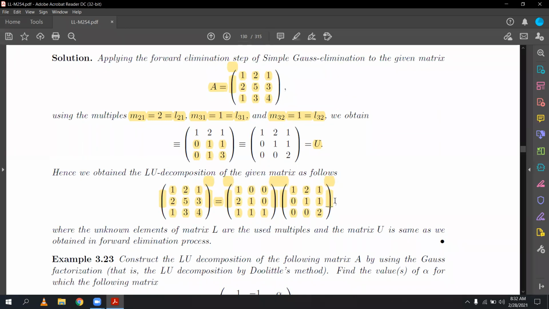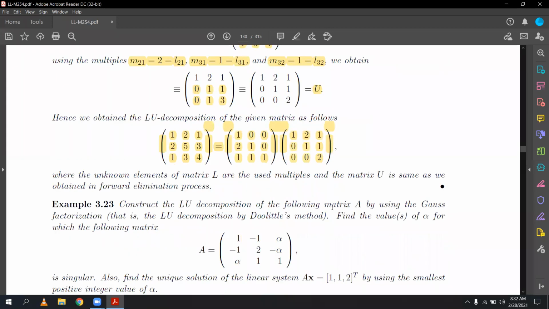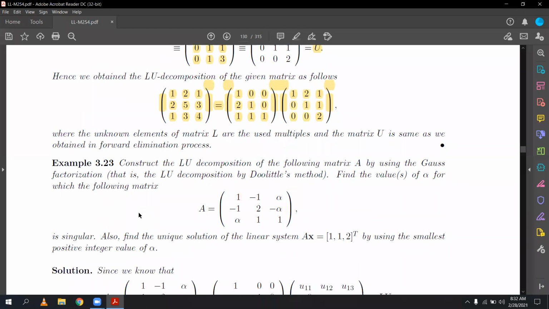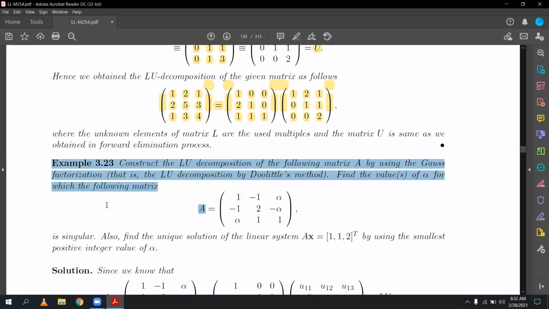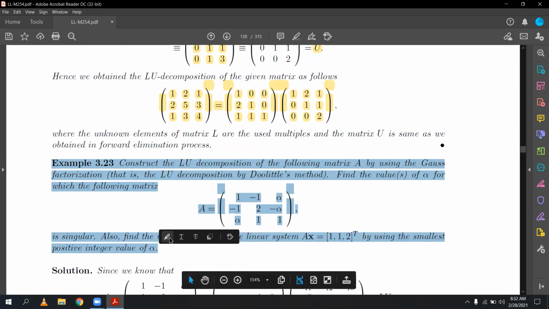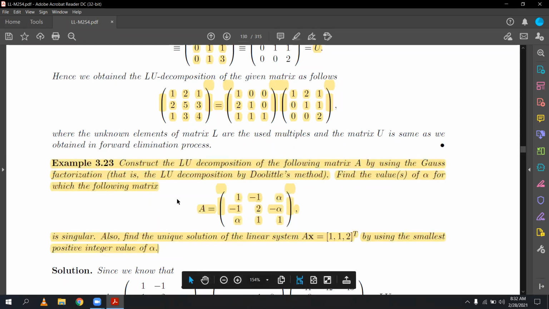Let me give you the complete example for this case. There is about a 99.9% chance an exam teacher can give you this example. This is a very good example. He says construct the LU decomposition of the following matrix by using the Gauss elimination method or Doolittle method. Find the elements of L and U like we did before.